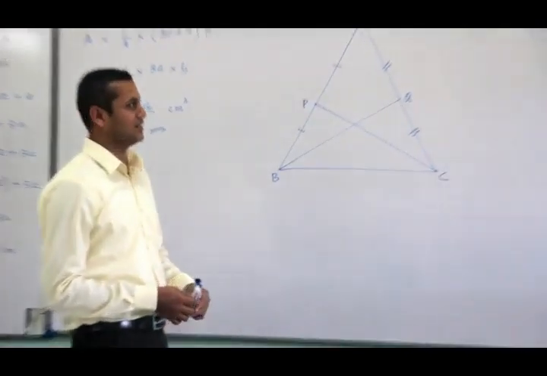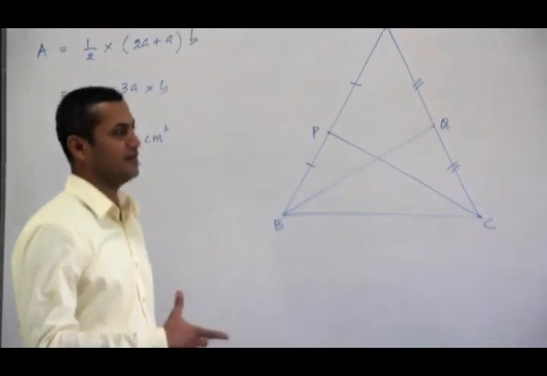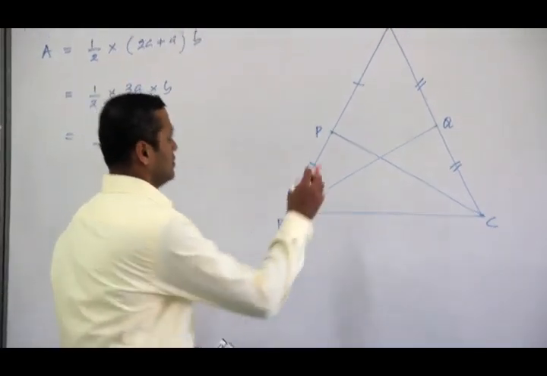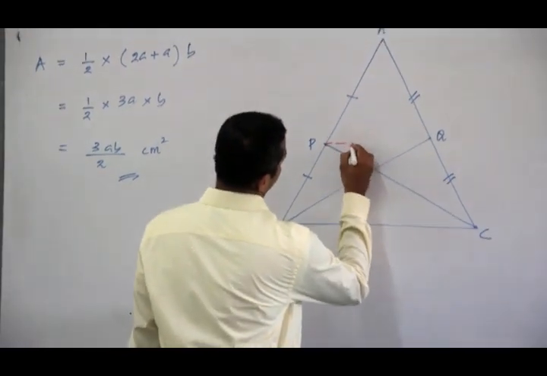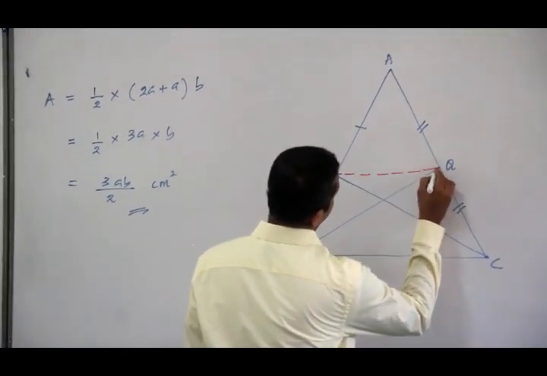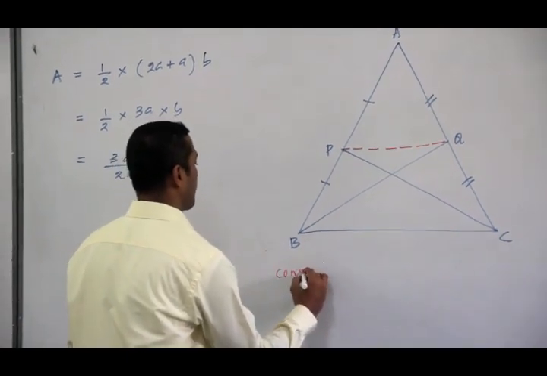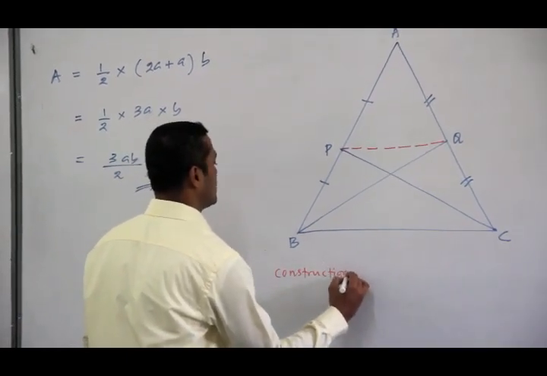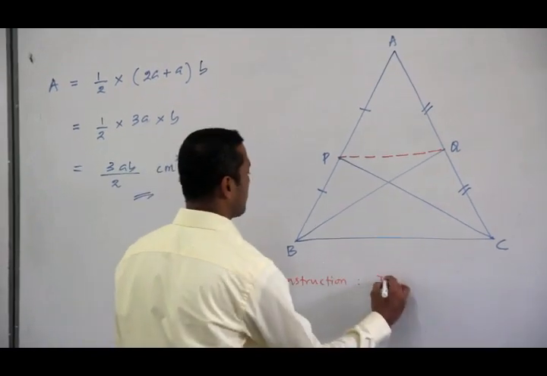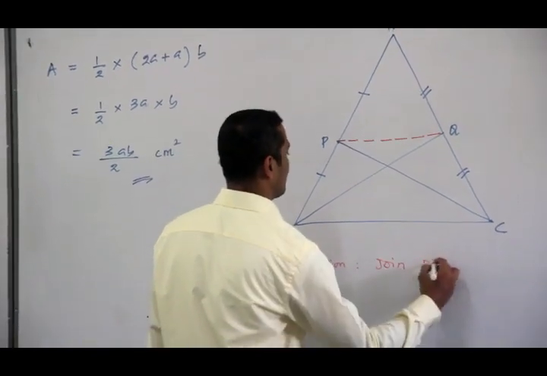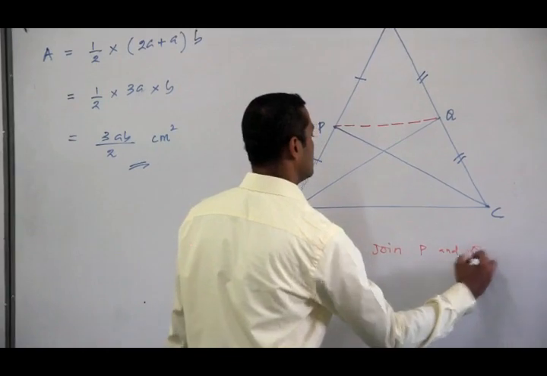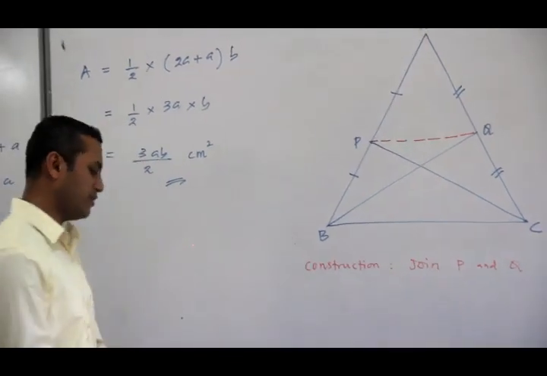I need a construction. For some we need a construction to prove. Here, what is the construction I am going to make? I am going to join PQ. This is the construction. So I am going to join P and Q. Okay, now we can prove it.